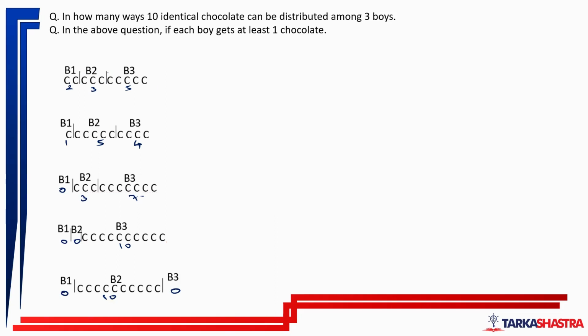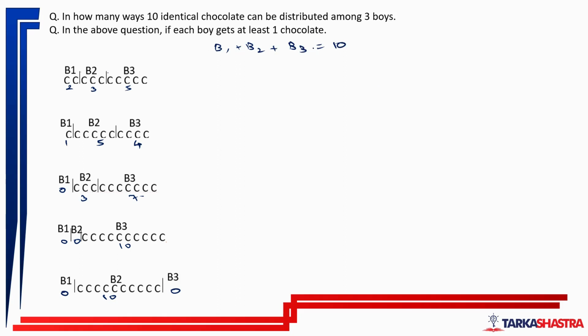If I arrange them, they will give me certain combinations, and that many solutions are possible, or that is how I can distribute 10 chocolates at random among 3 boys. So how do I write the equation: boy 1 plus boy 2 plus boy 3 should get 10 chocolates?